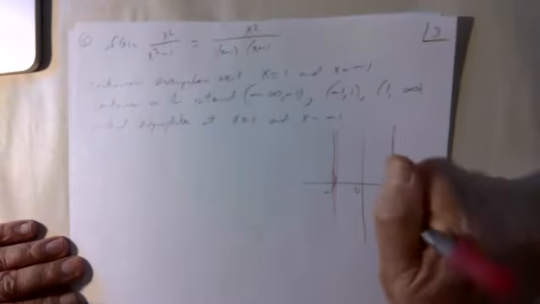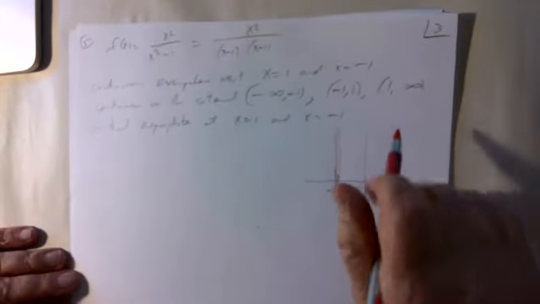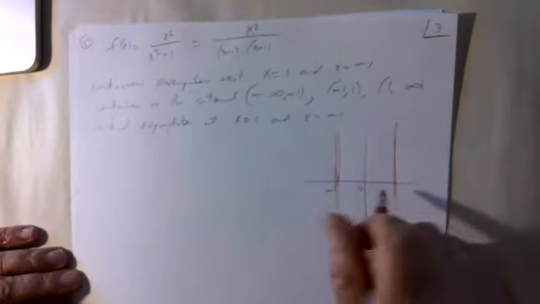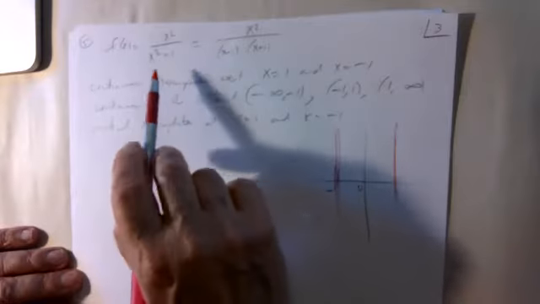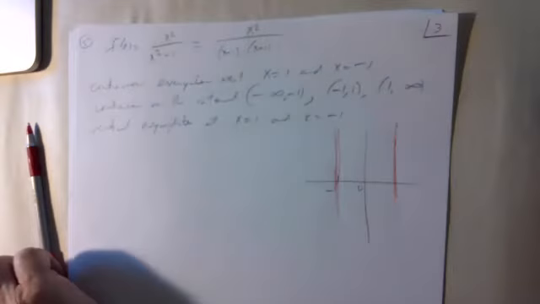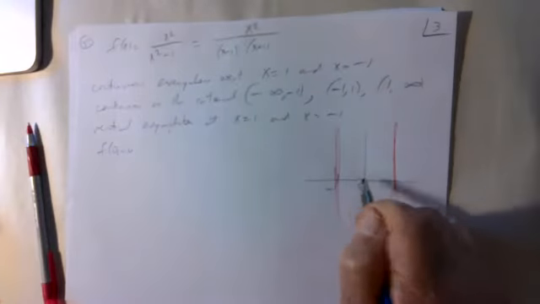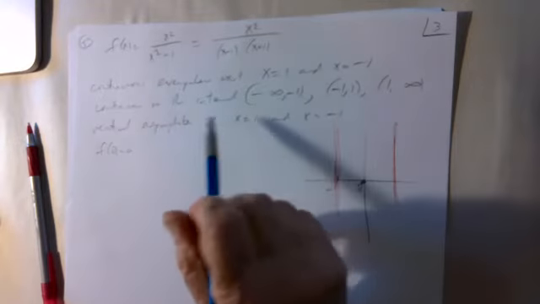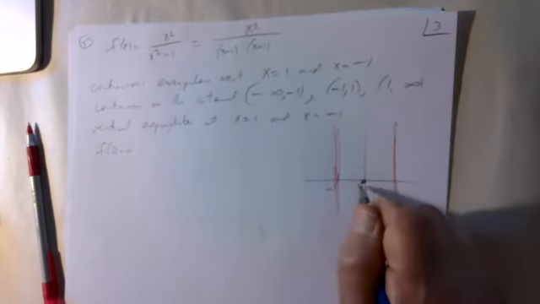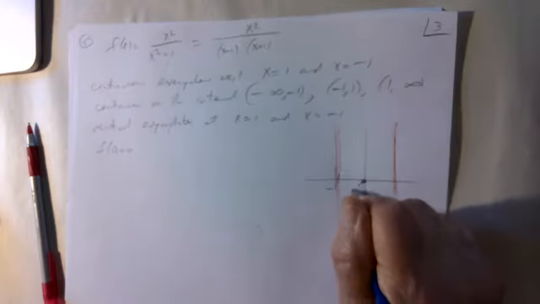You have vertical asymptotes there. When x is between minus 1 and plus 1, this is negative. This function is 0 at 0, right? F of 0 equals 0. And it's negative between these vertical asymptotes. And so it looks like this.